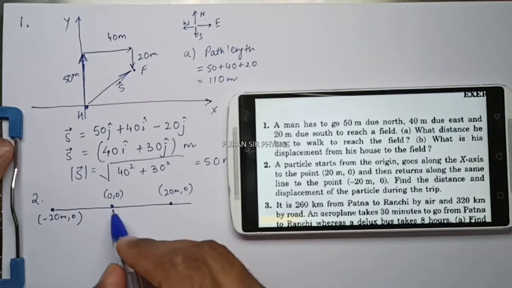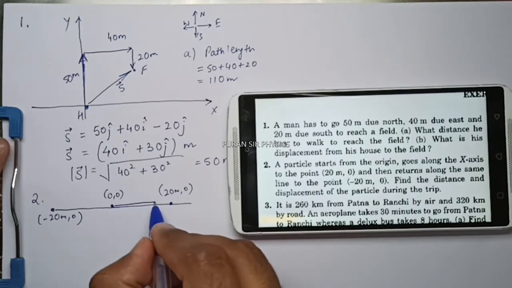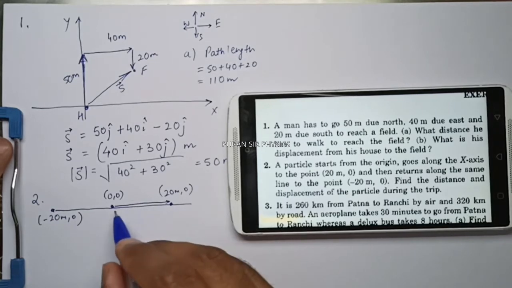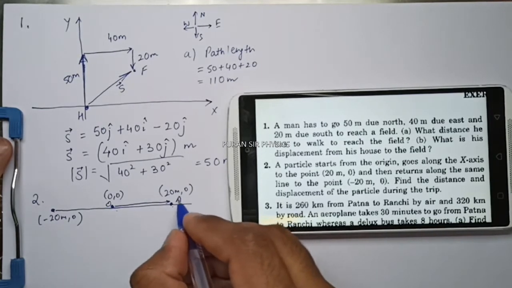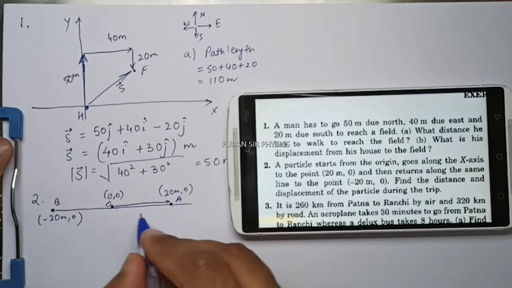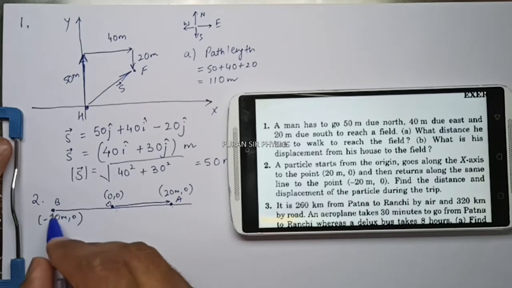So the particle starts from here, first it goes to this point. From this point to that point, let us name it O, and this is your A and this is B. Then the particle moves from A to minus 20.